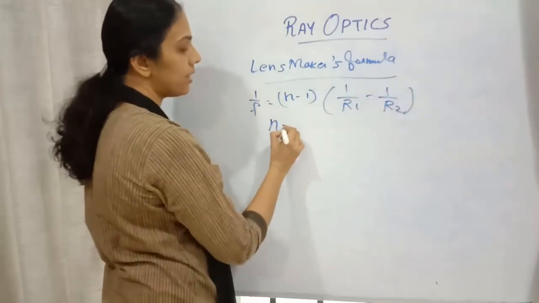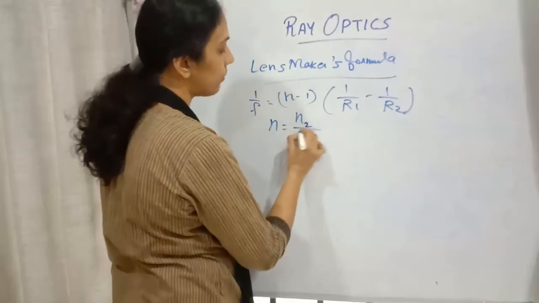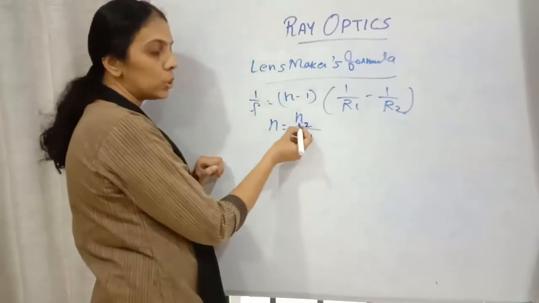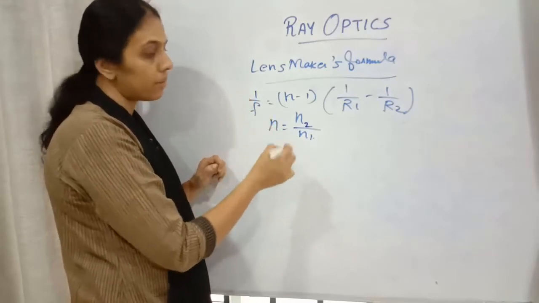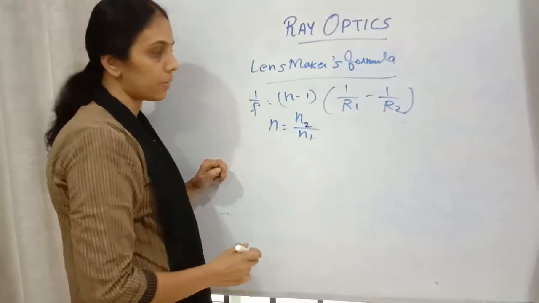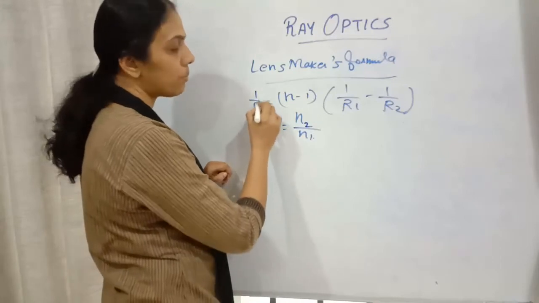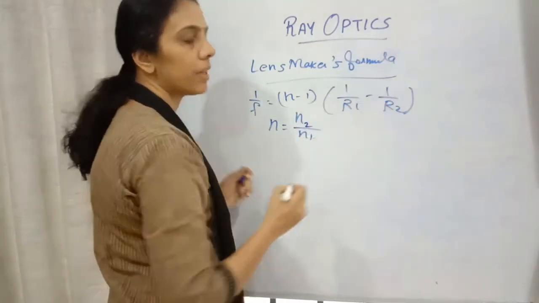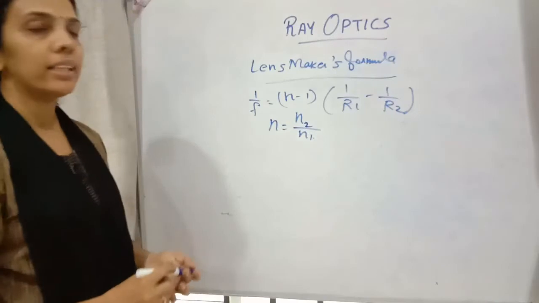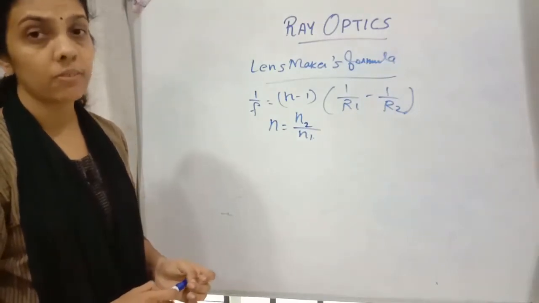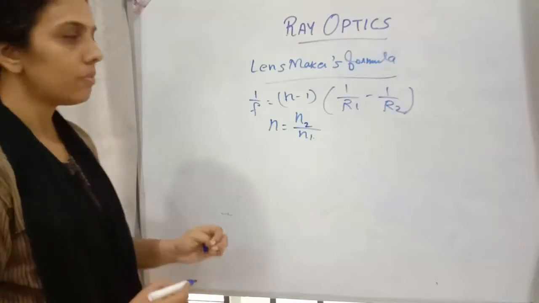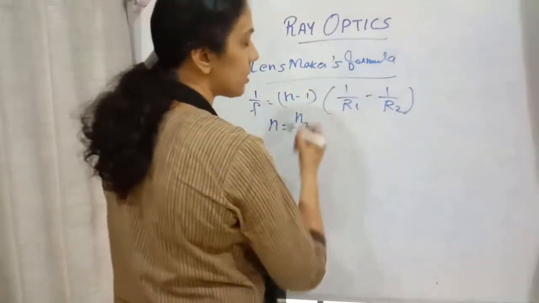What is this n? n equals n2 divided by n1, the refractive index of the second medium divided by the refractive index of the first medium. So 1 by f equals n minus 1 into 1 by r1 minus 1 by r2, and n equals n2 divided by n1, that is the refractive index of the second medium divided by the first medium. Okay, this is the lens maker's formula.